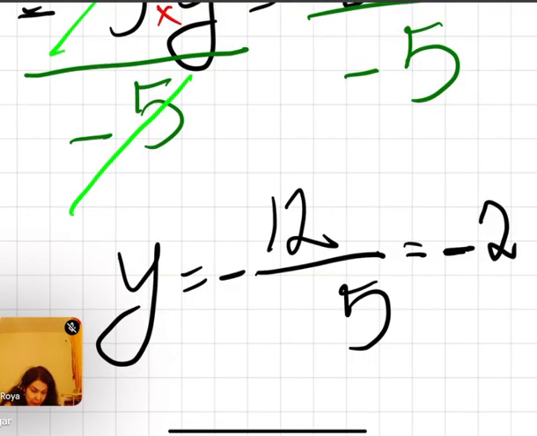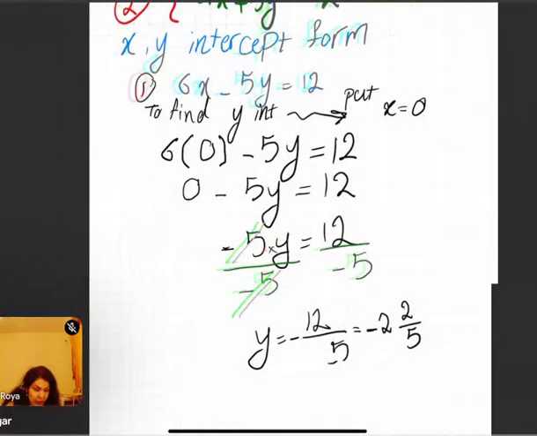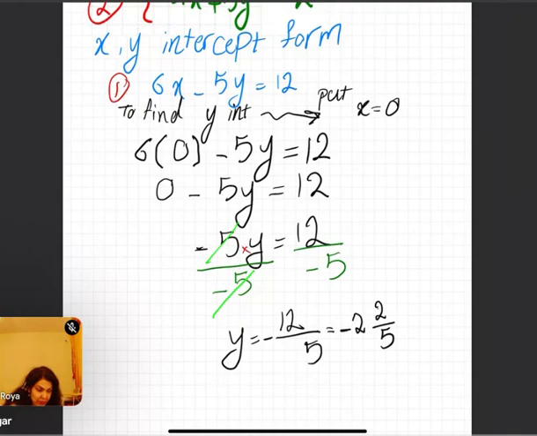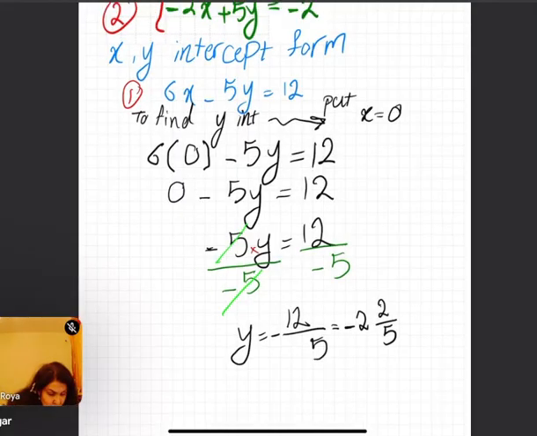Now, the thing that we found is the y-intercept. In order to find the y-intercept, you put x equal to 0 and you found it here. So this is the y-intercept: negative 2 and 2 over 5.